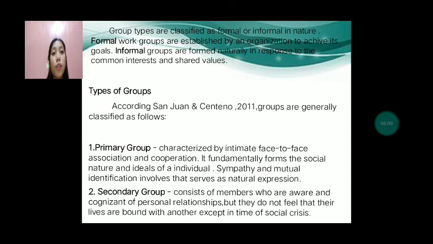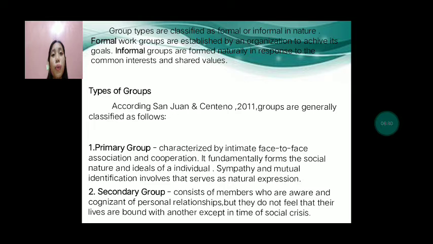Next, group types are classified as formal or informal in nature. So the group has formal and informal components. Formal work groups are established by an organization to achieve its goals, while informal groups are formed naturally in response to common interests and shared values.